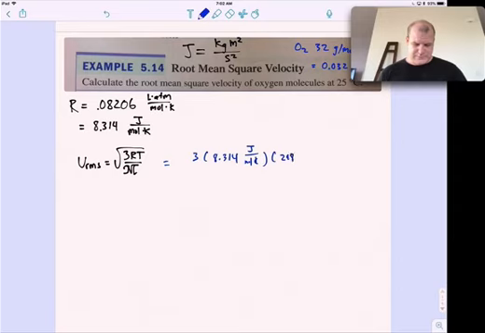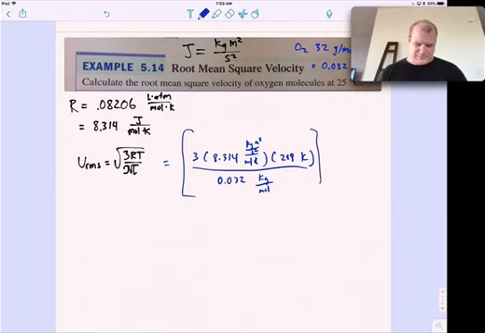Temperature is 298. What is my molecular mass? 0.032 kilograms per mole. And temperature 298 Kelvin. I guess I should go ahead and get rid of the joules and just put in this kilogram meter squared per second squared. And raising something to the 1/2 power is the same thing as doing the square root.